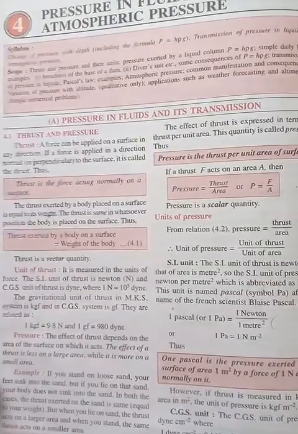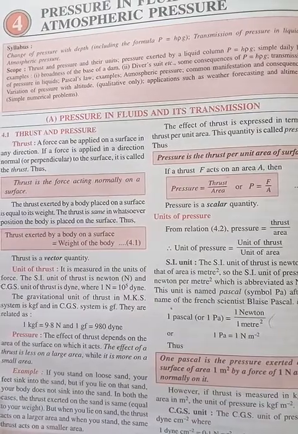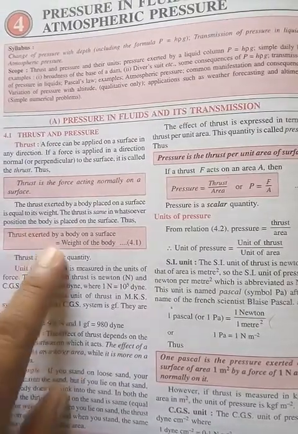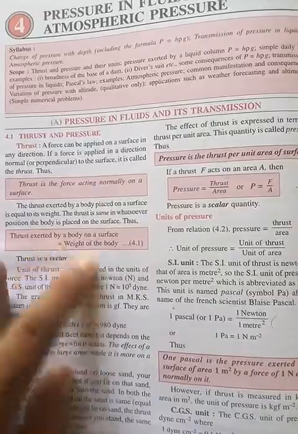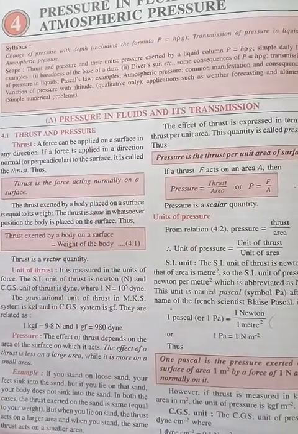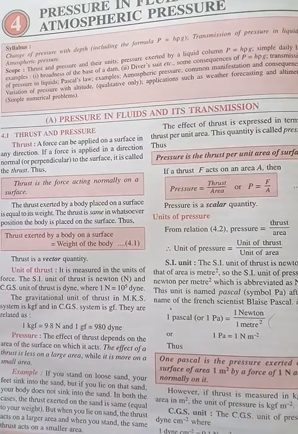The force is directly related to the weight, so thrust is the same in whatsoever position the body is placed on the surface. Thus, the thrust exerted by a body on a surface is directly proportional to its weight. Since thrust is a force, it's a vector quantity. These are all actually the same thing, but given a different form here.